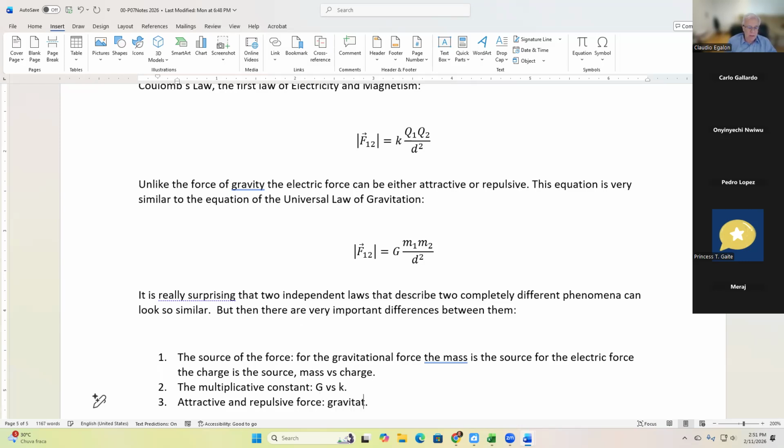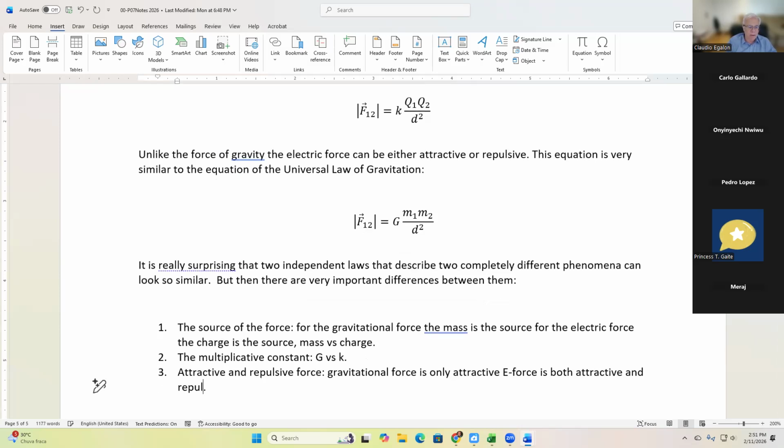Gravitational force is only attractive. Electric force is both attractive and repulsive. And there is more.